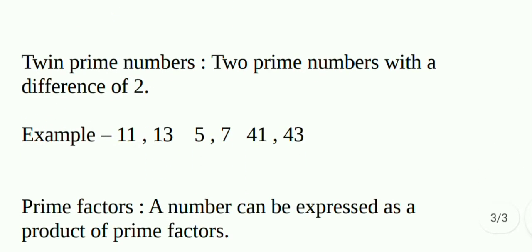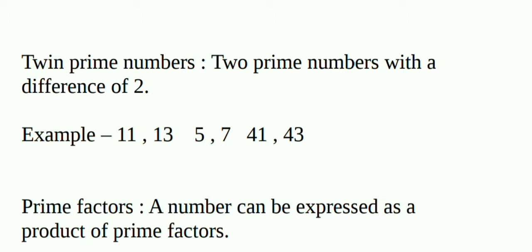Now what are twin prime numbers? Twin primes are prime numbers with a difference of 2. Here the word prime numbers comes in. See, they have a difference of 2.